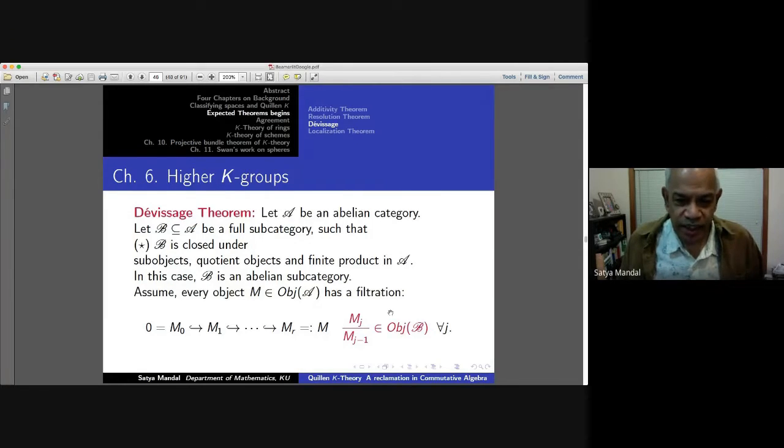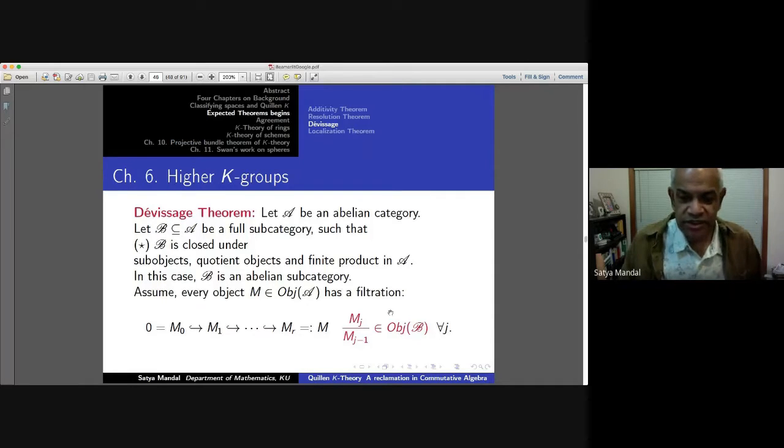Suppose B is a full subcategory of A. A is an abelian category, not just an exact category. B is closed under subobjects and quotient objects. Basically, I'm saying that B will be an abelian subcategory of A. Now, given any object in M, it has a filtration, not resolution, filtration by objects in B.